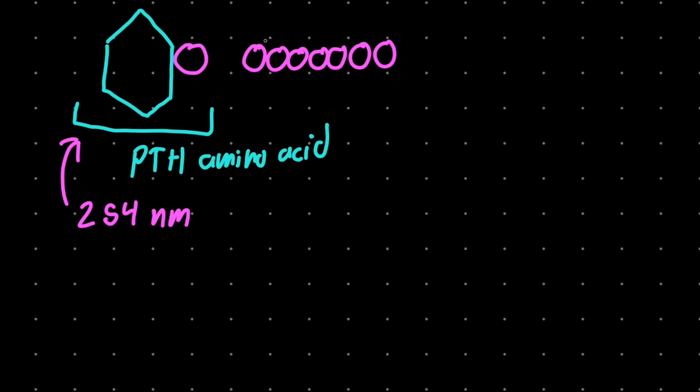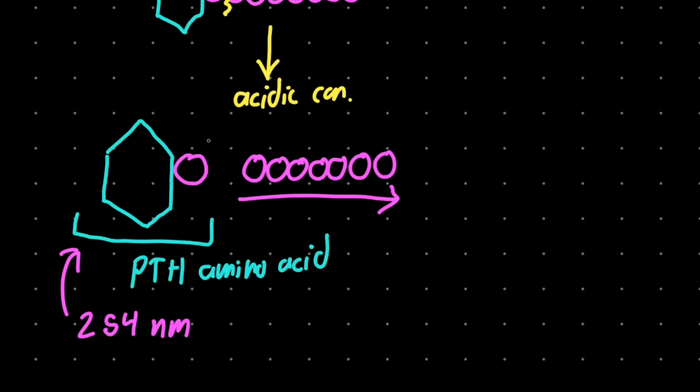Then we bind to the next one, cleave the bond there, and the next one, cleave the bond there. If the first one was maybe glycine, the next alanine, arginine, whatever the sequence is, we can figure that out by having the PITC bind and detach along with that amino acid until we travel along the whole chain. So we're able to have PITC bind and then detach the first amino acid in each subsequent sequence.